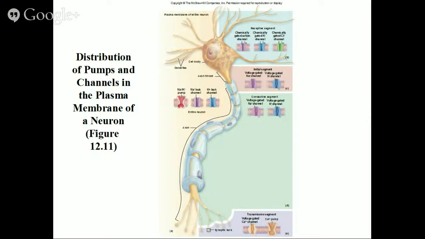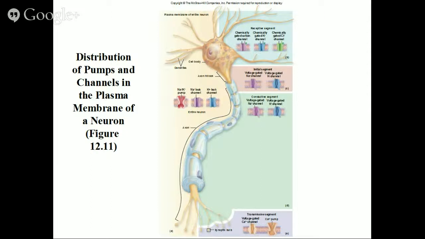Once they open, they cause positive ions to flood in. The inside of the cell becomes positive, and that positive area begins to spread up to the axon hillock.